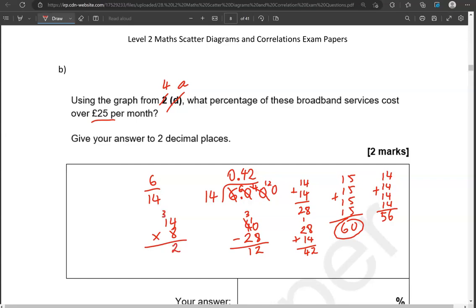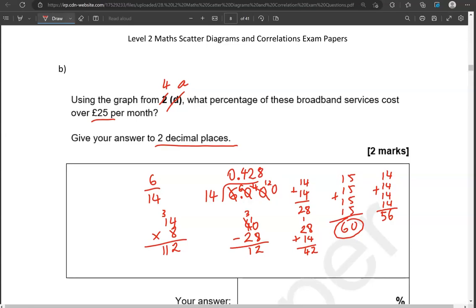So 2 down, 3 carried over. 1 lot of 8 is just 8. And the 3 gives us 11. So we have an 8 here. What do we have remaining? So 120 take away 112 gives us 8. So we have 8 remaining.